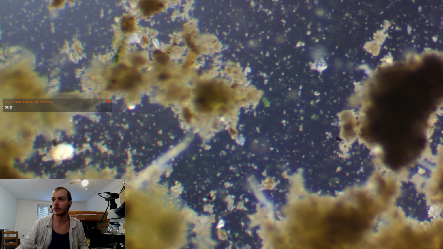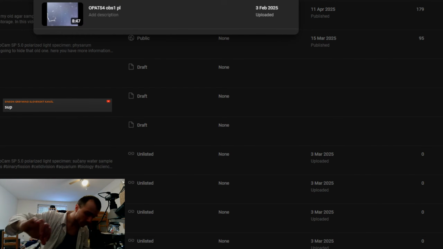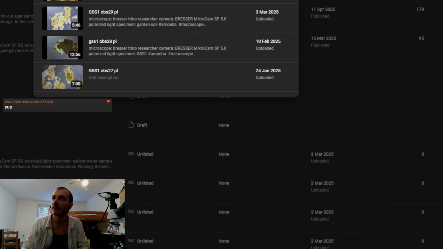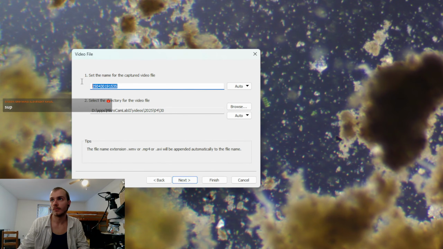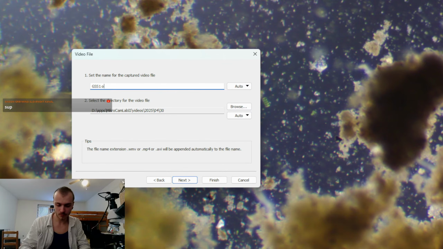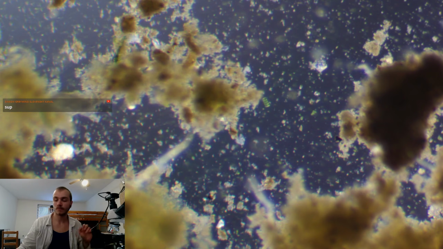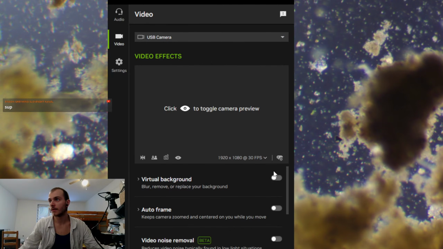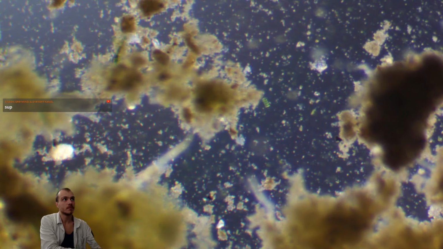Okay, this is soil sample. So here, I'm not sure how it was called. GSS, GSS 32 sample. I forgot.